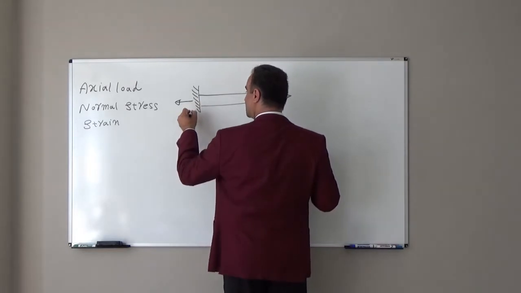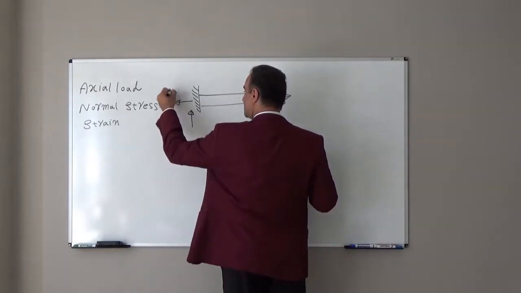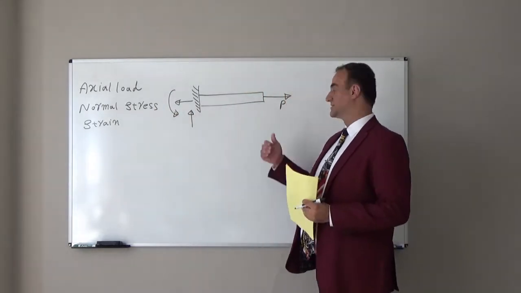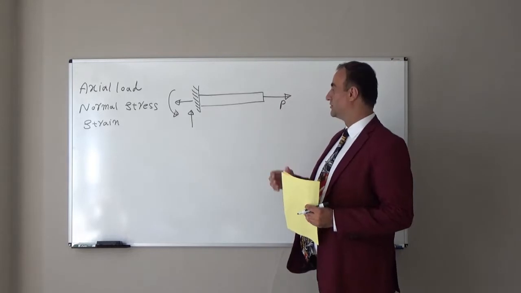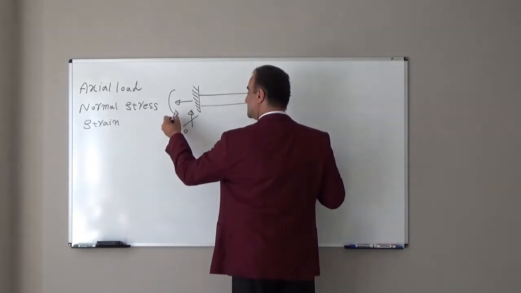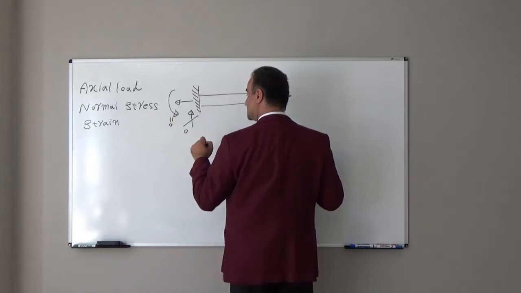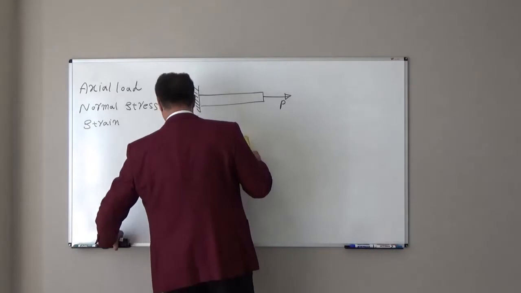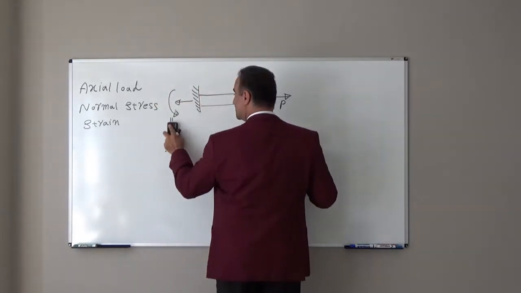We have axial reaction, shear reaction, and bending moment. Here, because our external load is only axial load, the shear force reaction will be equal to 0, the bending moment reaction is equal to 0, and we will have only axial reaction. So I can remove these.